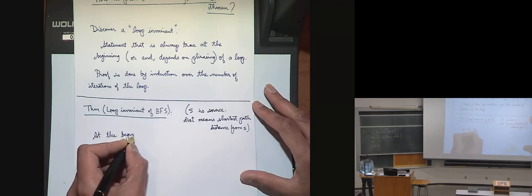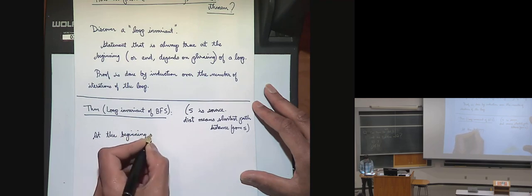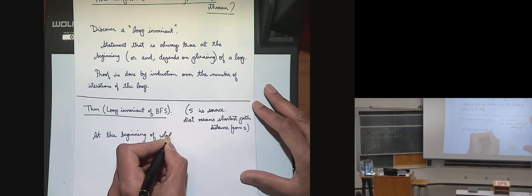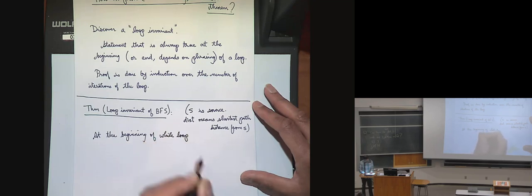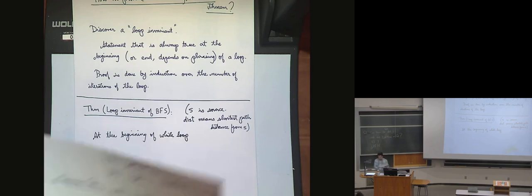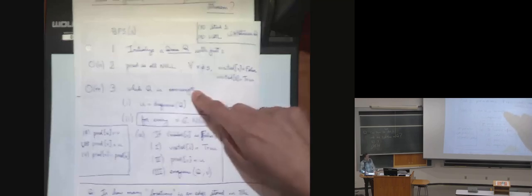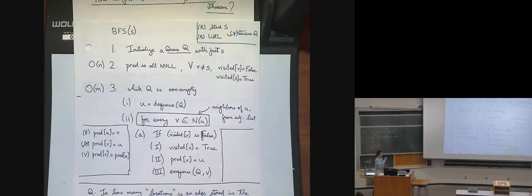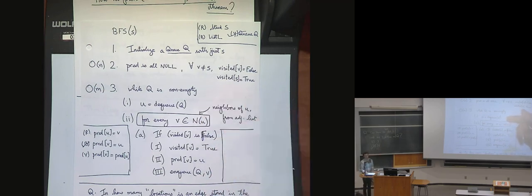Okay. So at the beginning of the while loop, so again, just to jog your memory, the while loop is just this. It's like when the queue is not empty. Think of it as just before you dequeue.